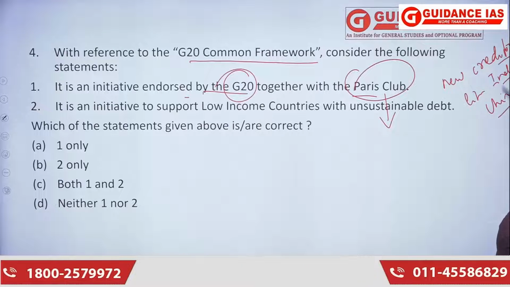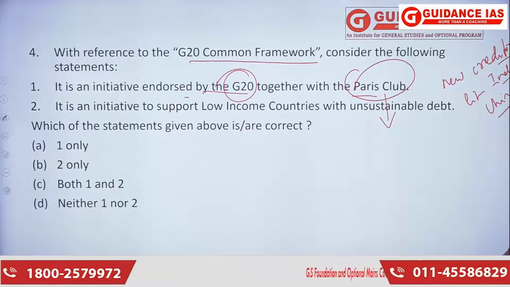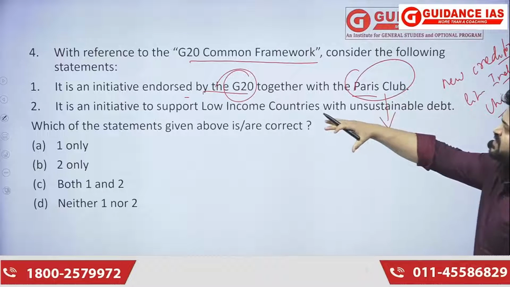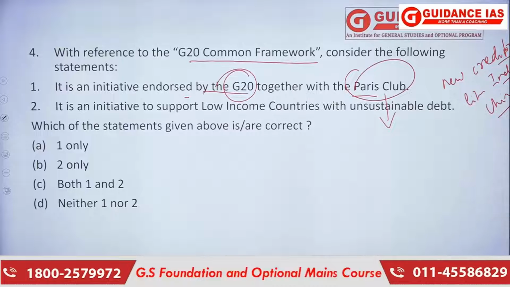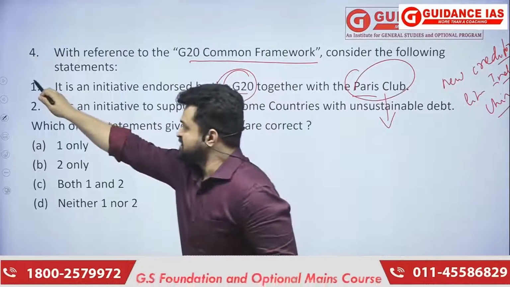Okay, these are new creditors. They have never been part of Paris Club, which are the conventional creditors. But now they are also adding to this initiative. Means this initiative is also being endorsed by countries like India and China. Okay, so this statement is correct.